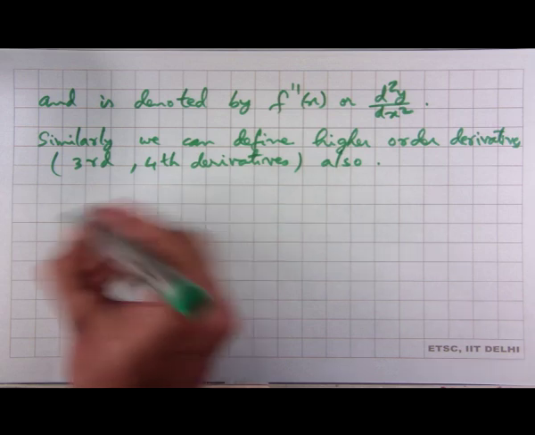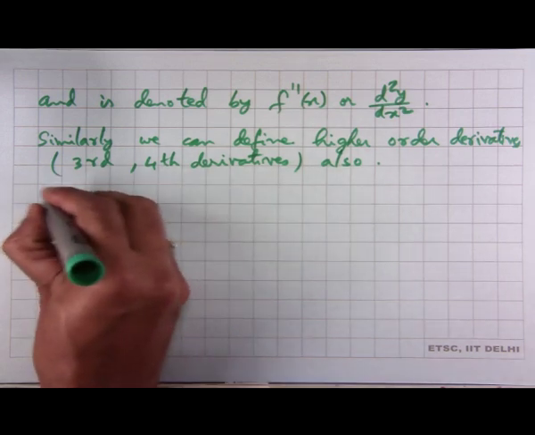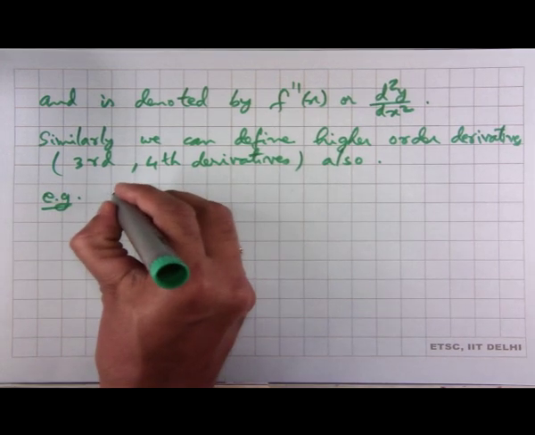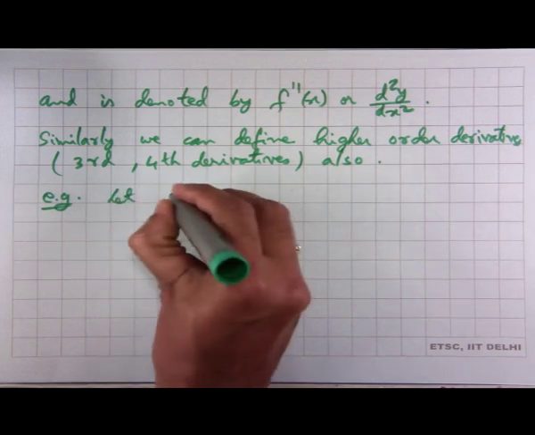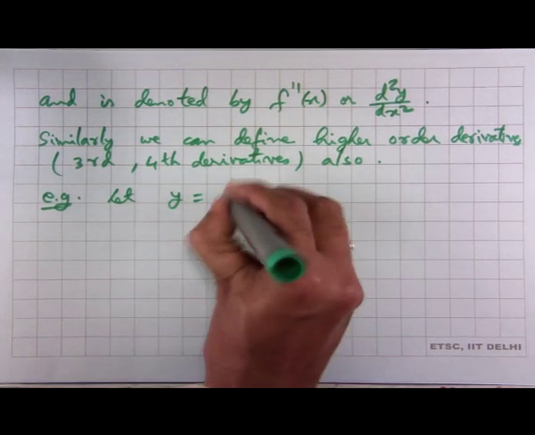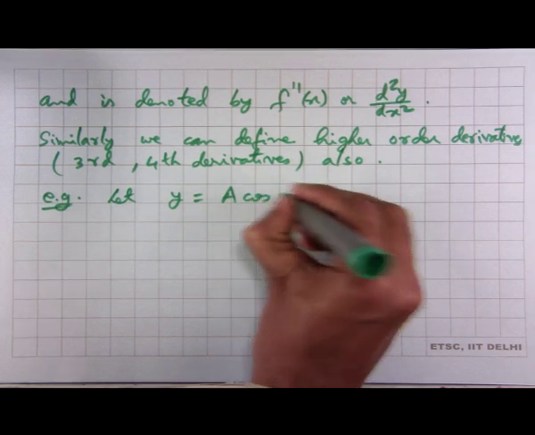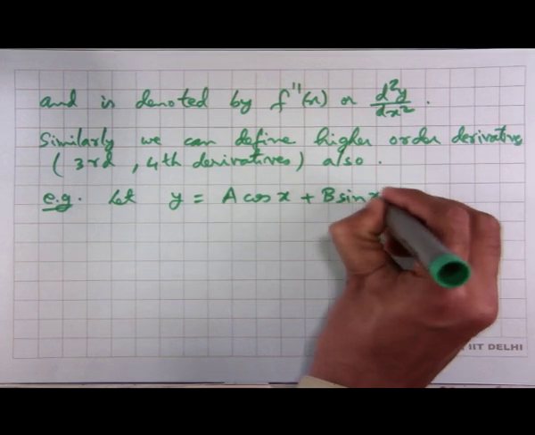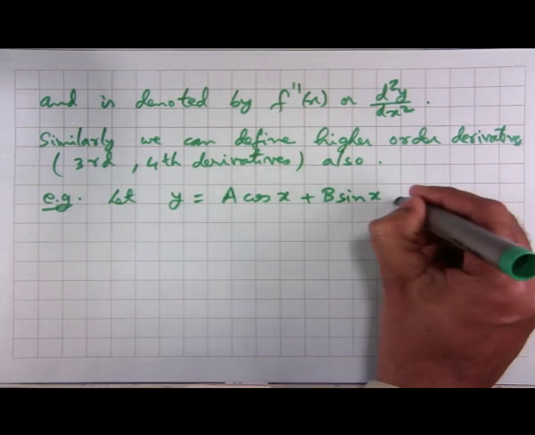So, for example, let y is equal to a times cosine x plus b times sin x, where a and b are constants.